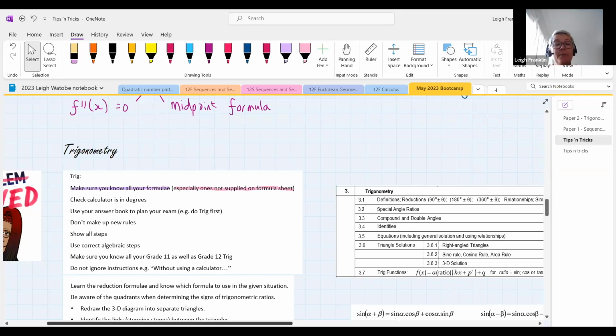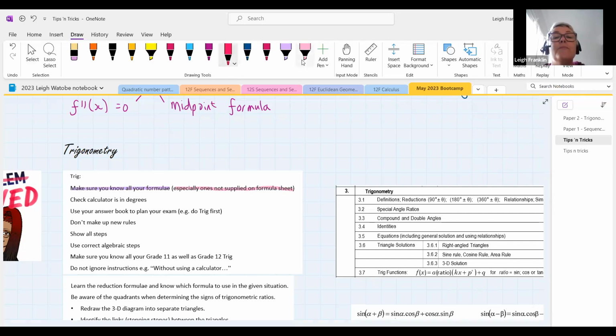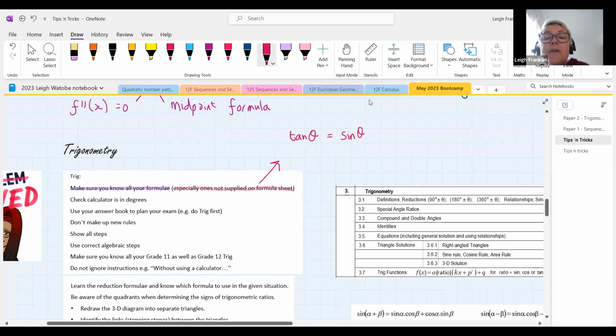Think grade 11. So I'm talking about your tan identity. So tan theta. Yeah, so SOHCAHTOA, sure, fair enough, Nolwazi. But specifically, I was referring to your tan identity. So in other words, tan theta can be written as sine theta over, beg your pardon, cos theta.